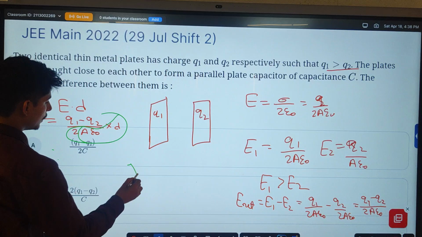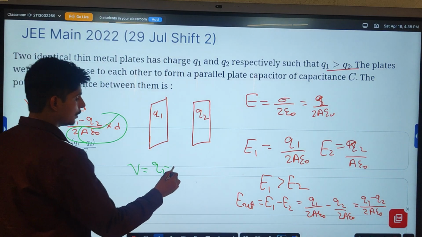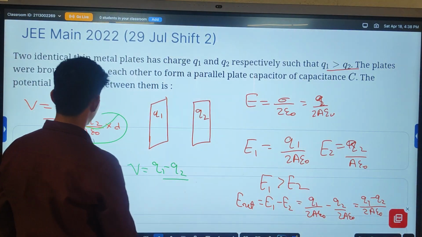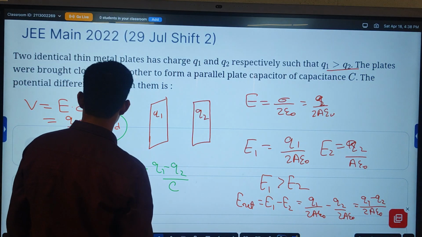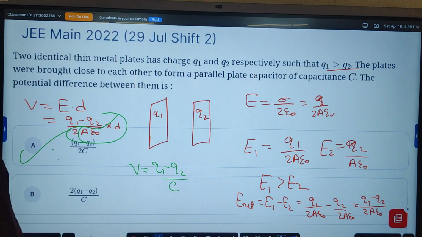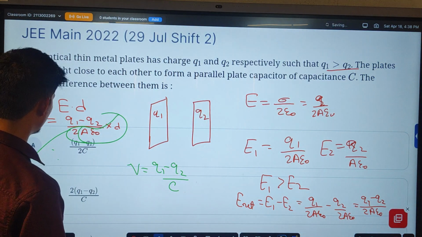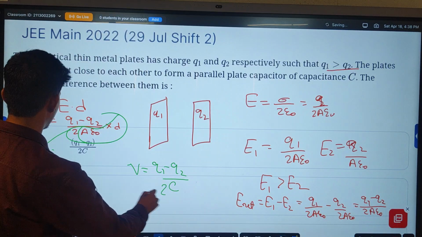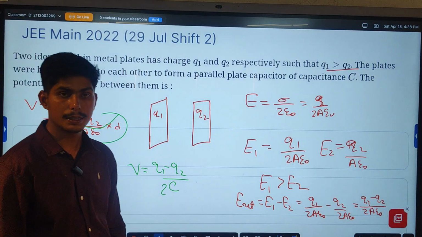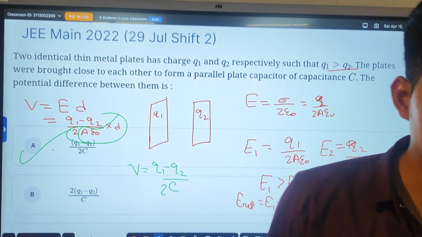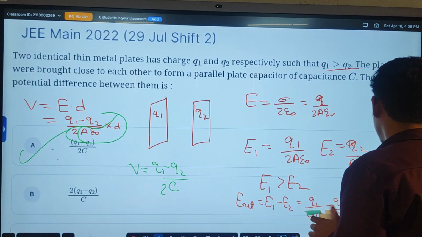So V is equal to Q1 minus Q2 upon 2C. Option A is the correct answer. Okay, now coming to the next question.